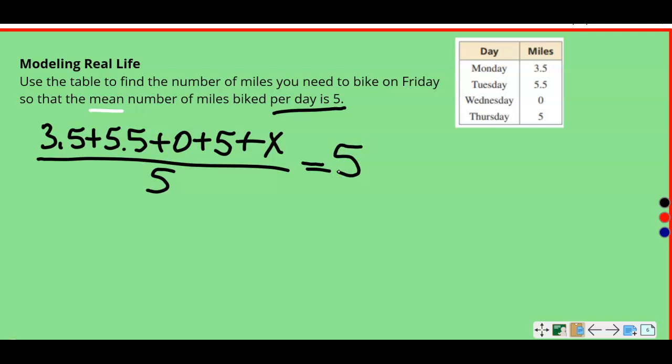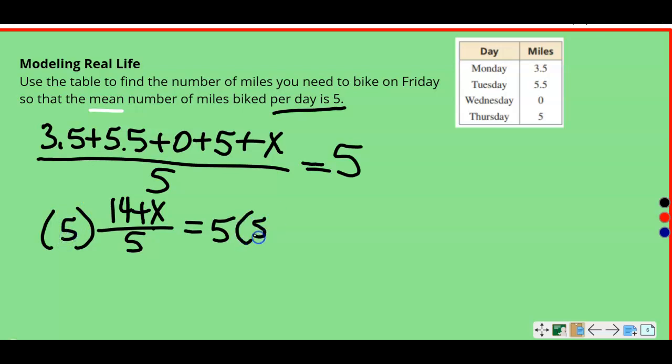All right, so if we do 3.5 plus 5.5 plus 0 plus 5, we get 14 plus x over 5 equals 5. So here we're going to get rid of division first, we're going to multiply first because the division sign is kind of like having the top in parentheses.